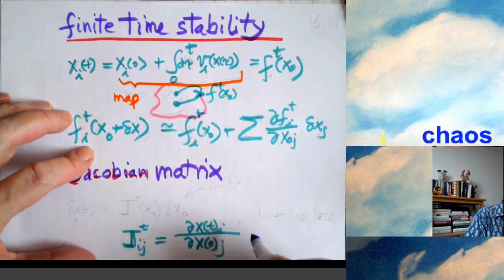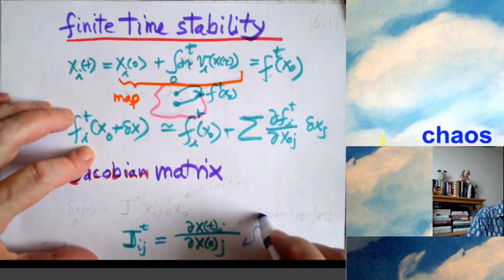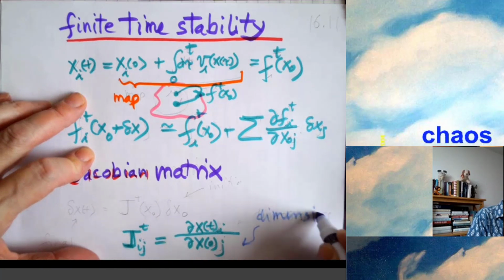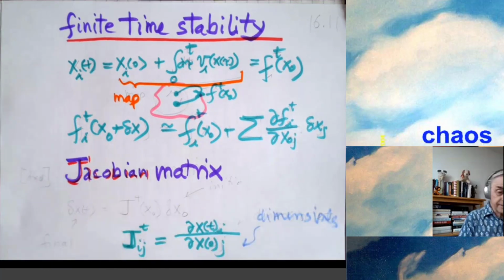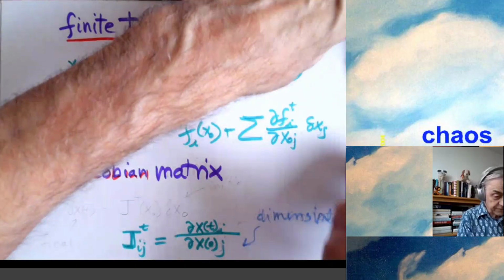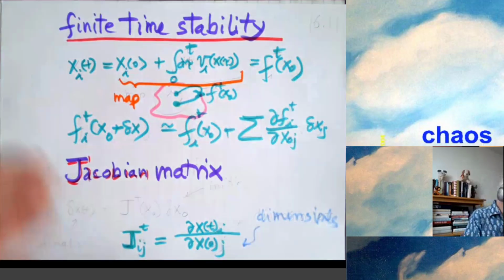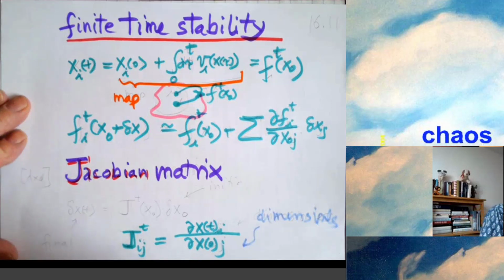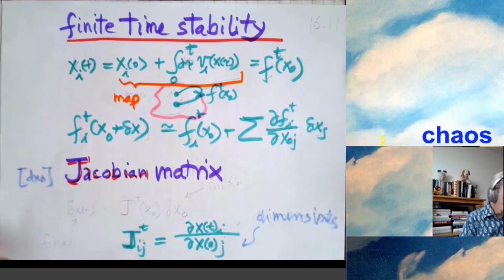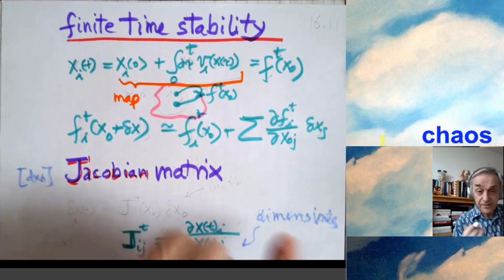And this object is dimensionless. It was invented by Jacobi, a German mathematician who was studying changes of coordinates. So this is a D by D matrix. It compares length to length, so it's dimensionless.